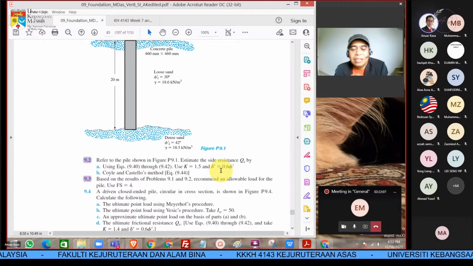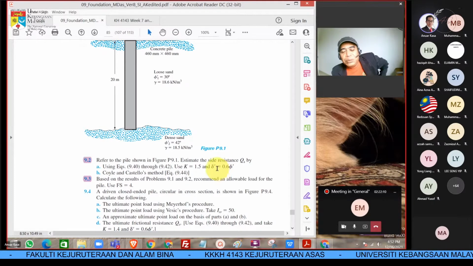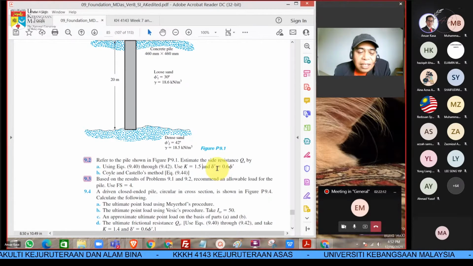Is it okay? Actually, you just look at the example there, and sometimes you need to read the text also to get the hang of it, and then try to solve this.